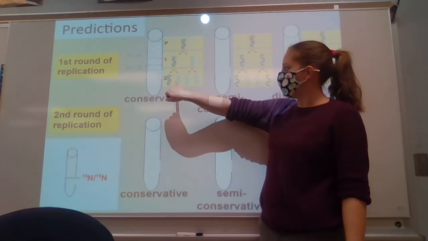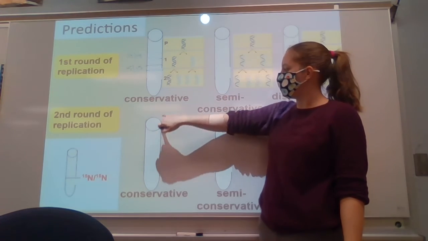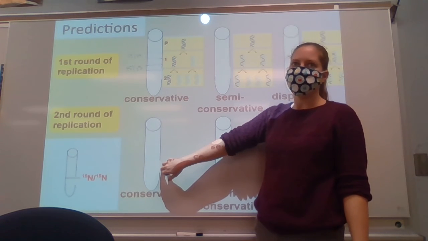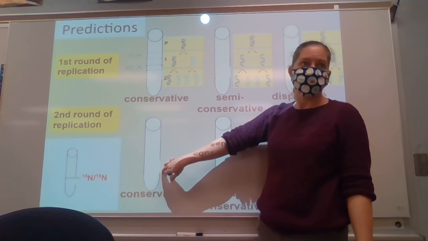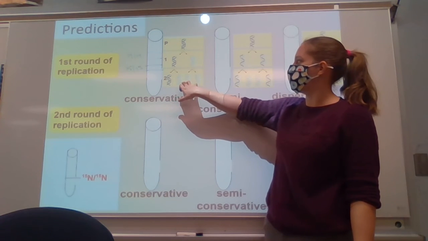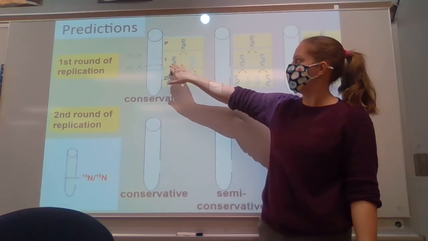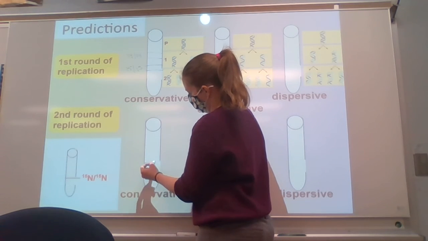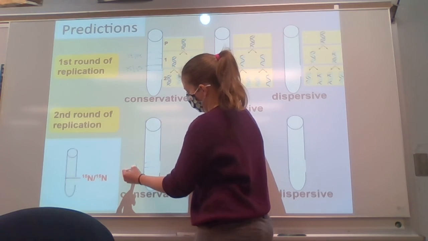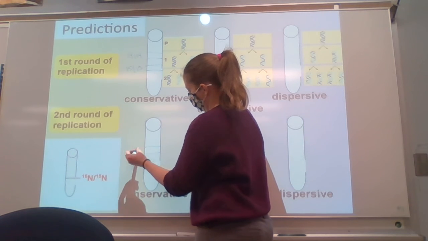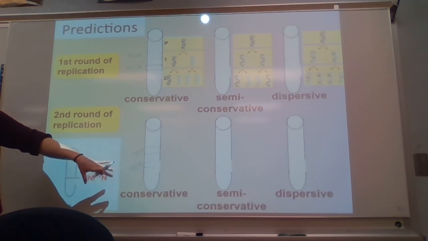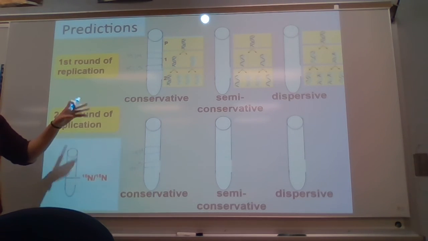After the second round of division, what would you expect to see in that test tube? Still all old or all new. So you might have a little bit larger band of the all new, but you're still going to have those 2 distinct bands. Right? So that's what the conservative model would look like if that's what's happening.